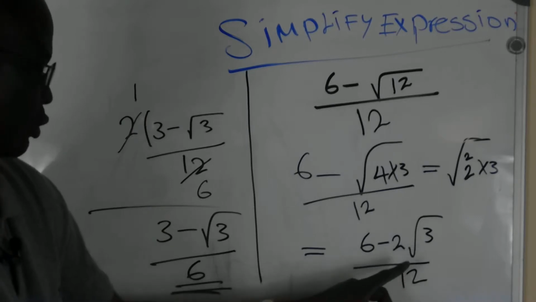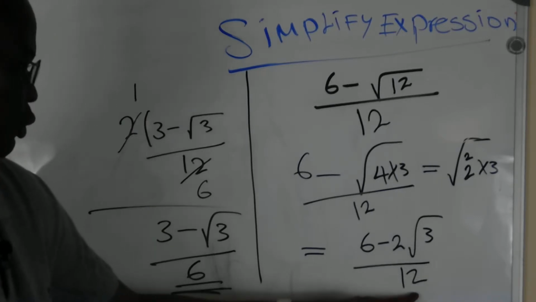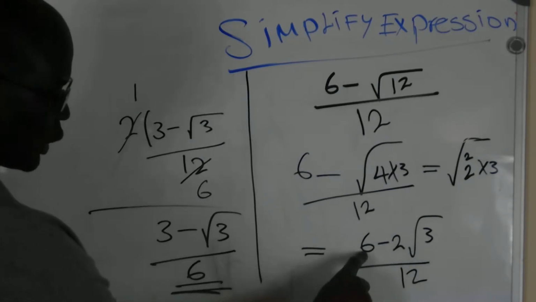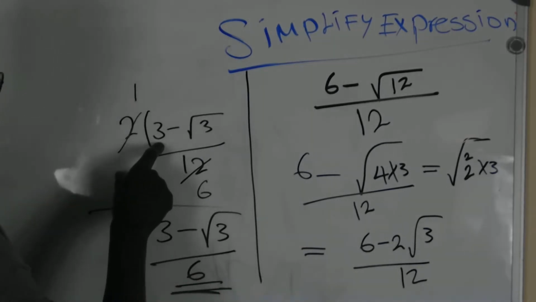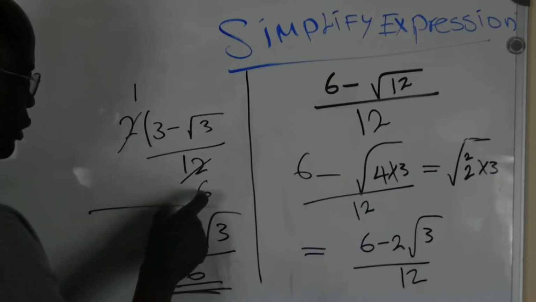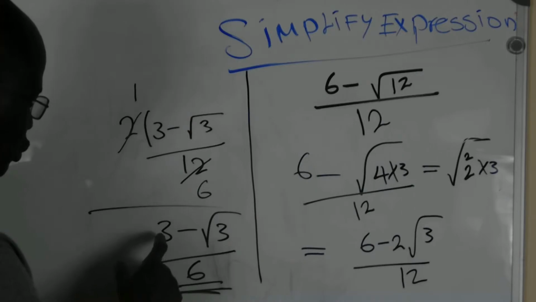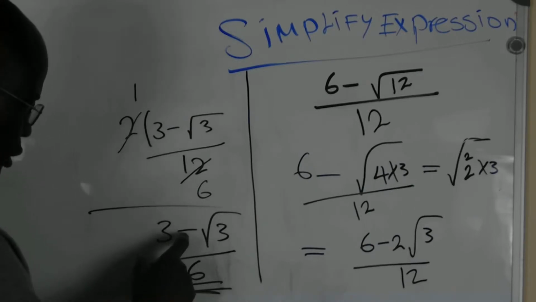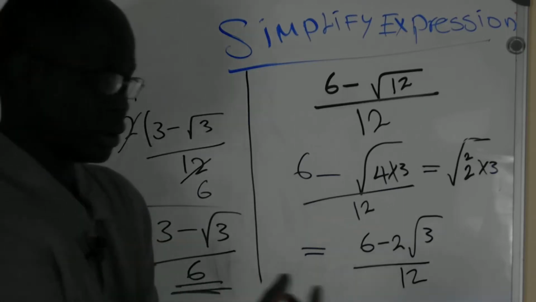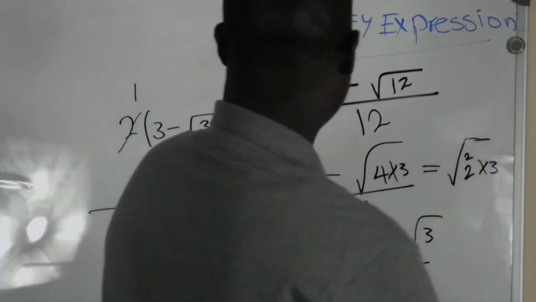We can divide this by 12. So we take 2 out, and if you divide the 6 by 2, you get 3. And then 12 divided by 2 is 6. So what is left over is 3 minus root 3, all divided by 6. And that's your answer to this question.